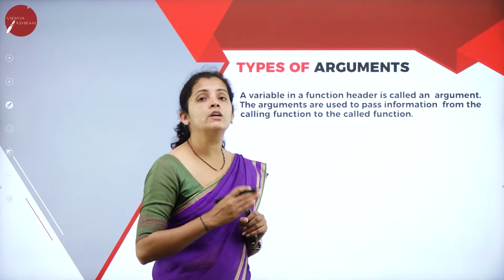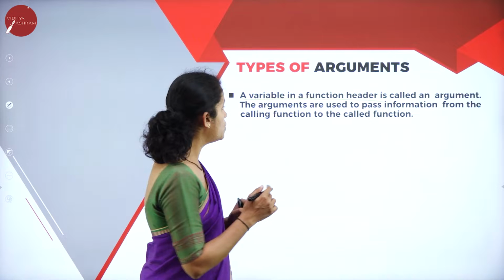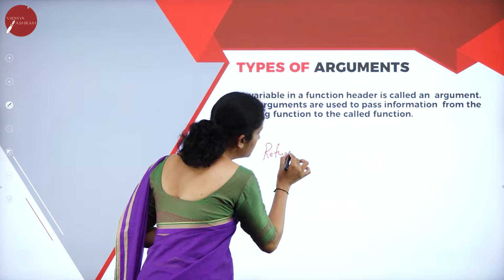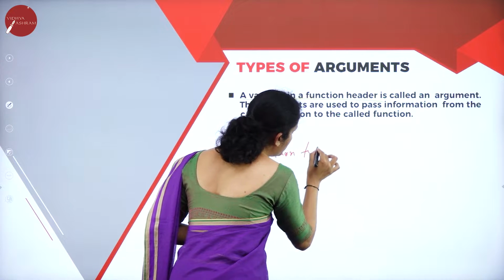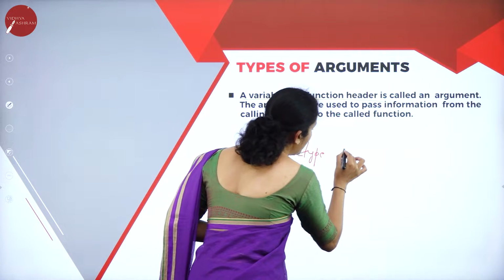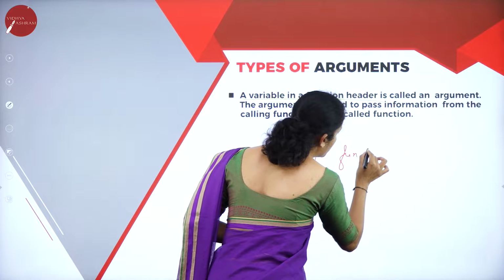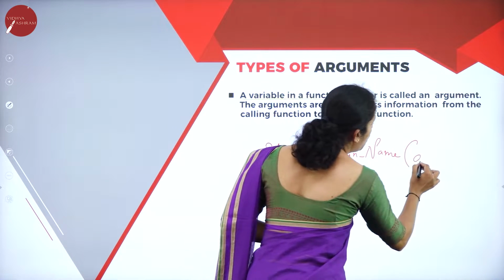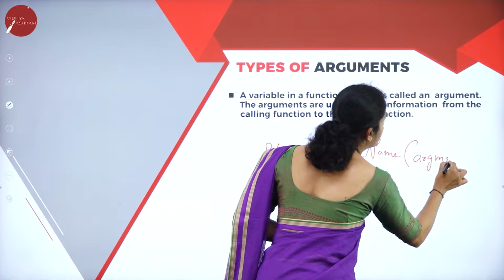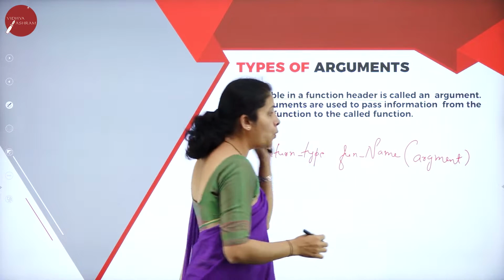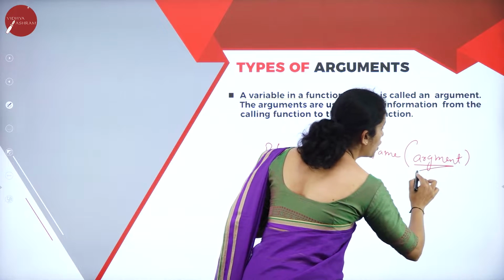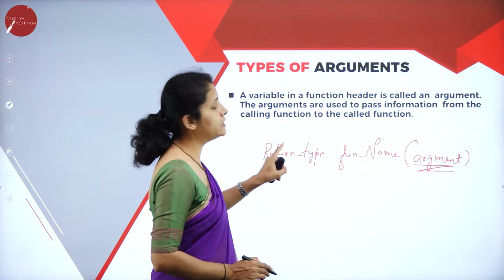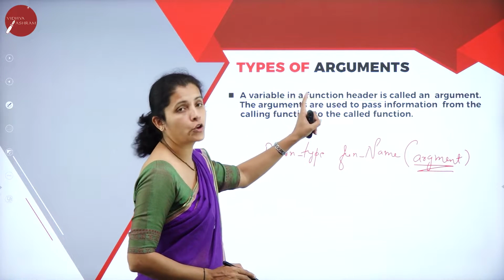Now tell me, what is a function header? The function header includes the return type, then the function name, along with the arguments. So whatever arguments or variables I'm going to have in my function headers are called arguments.